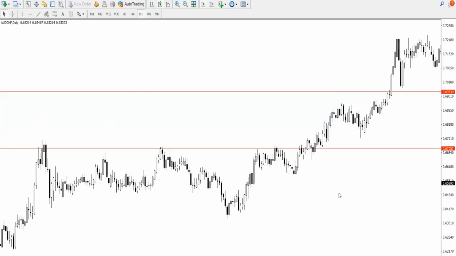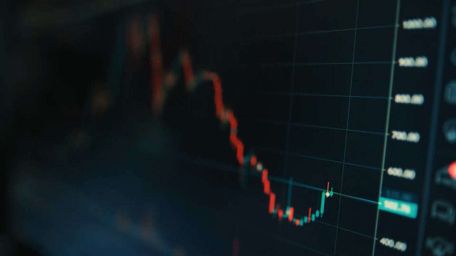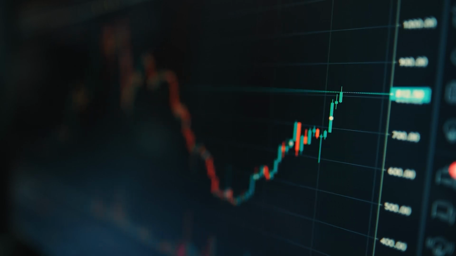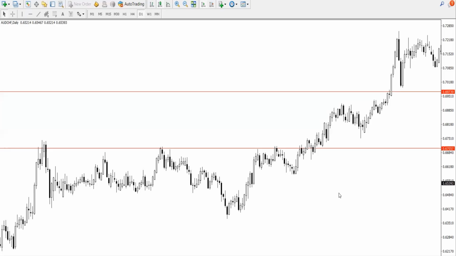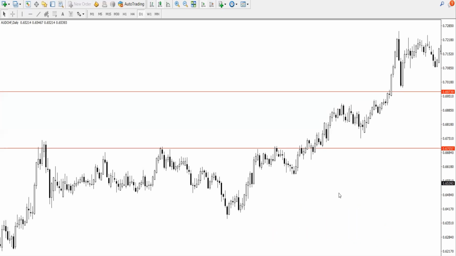Millions and millions of traders are well aware of the power of trading the pin bar. So when these traders see a reverse pin bar form, they enter the market, and by the sheer numbers of traders entering and the volume that creates, that in turn makes the pin bar a very, very reliable signal to trade indeed.